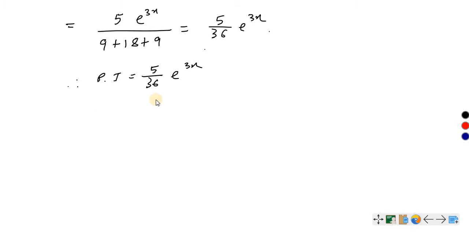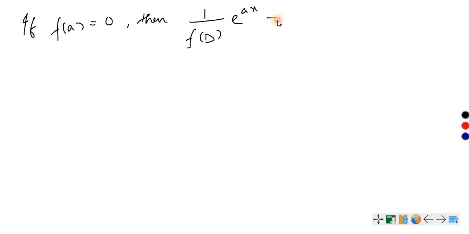Now this was a very simple case, but sometimes what happens is that we get the denominator part equal to 0. In that case, we have to apply something different.